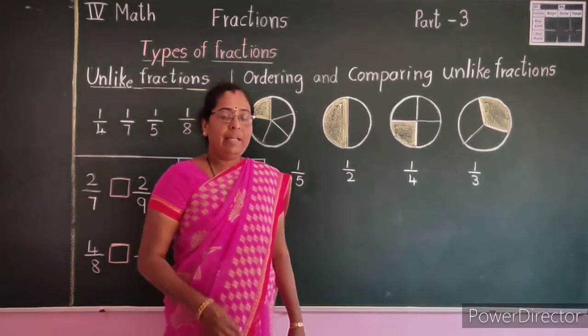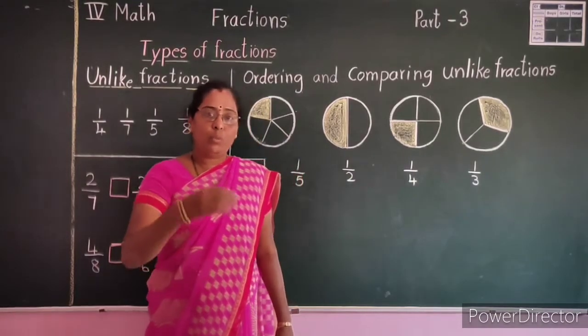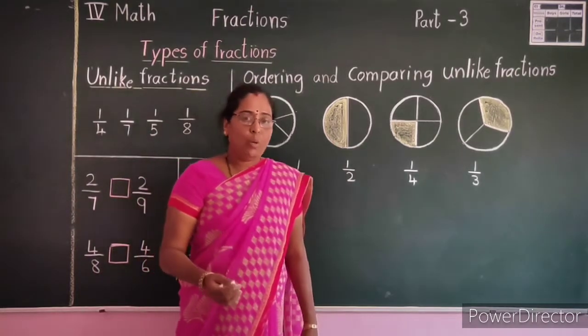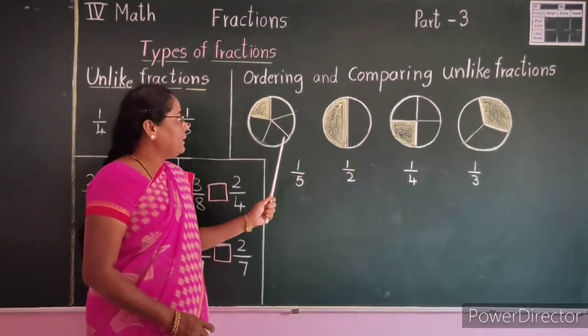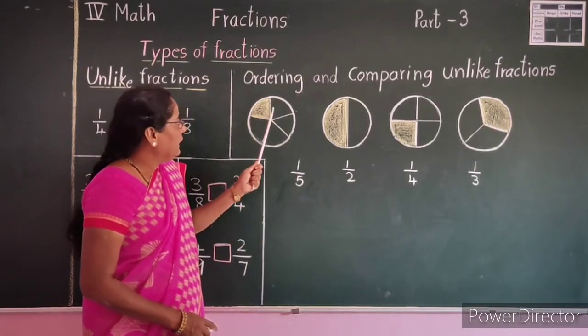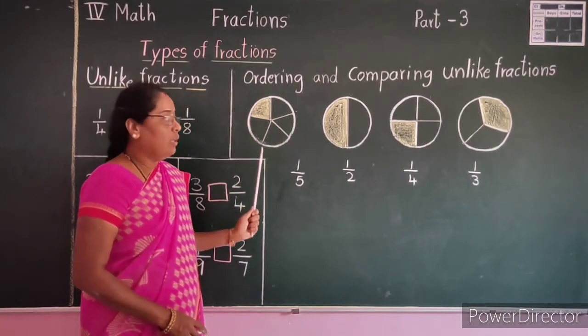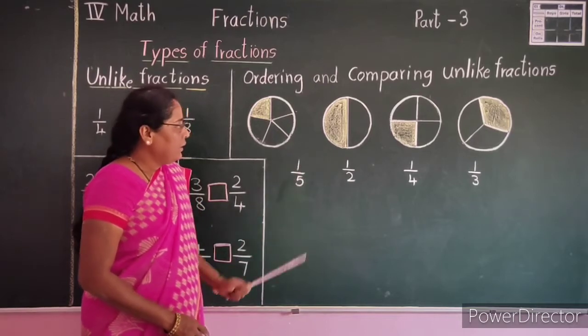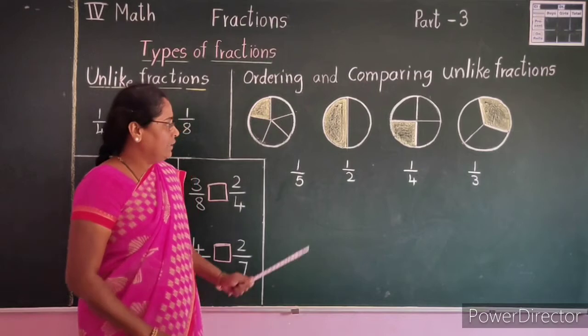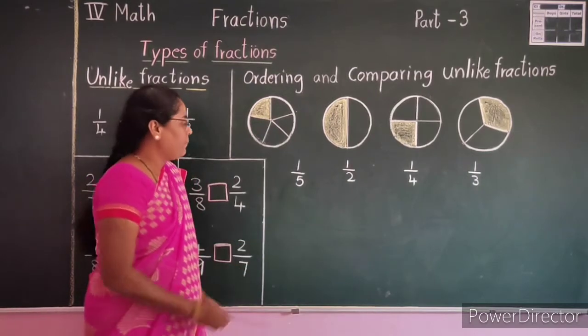When any object is divided into more parts, each part becomes small. Here, this circle is divided into 5 equal parts, so each part becomes small. So here, the greater the denominator, the smaller the fraction. Here, the greatest number is 5.